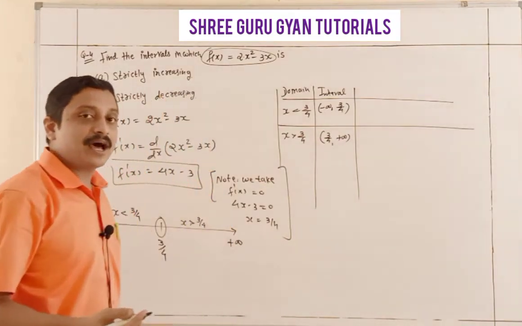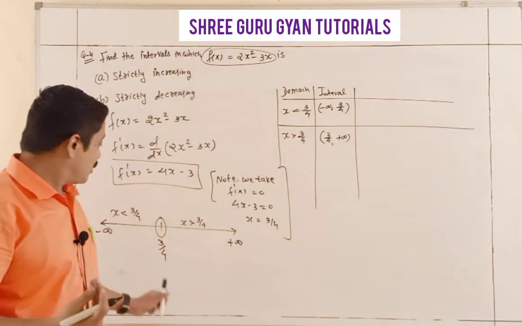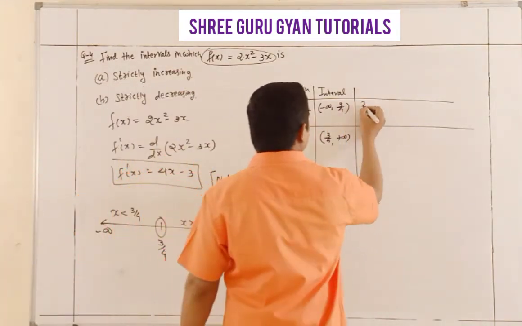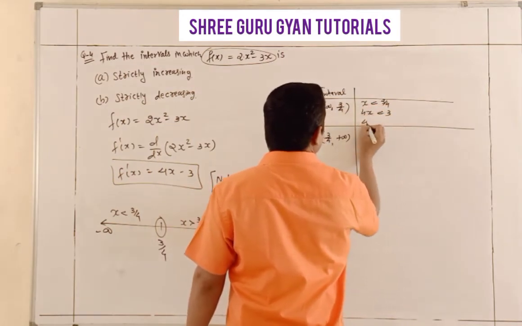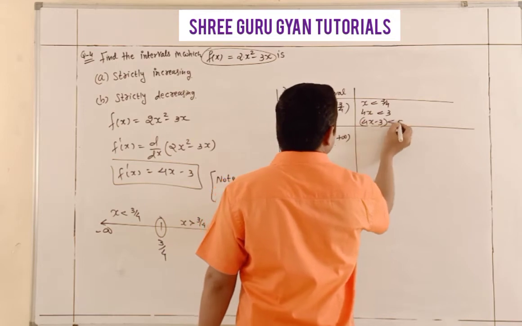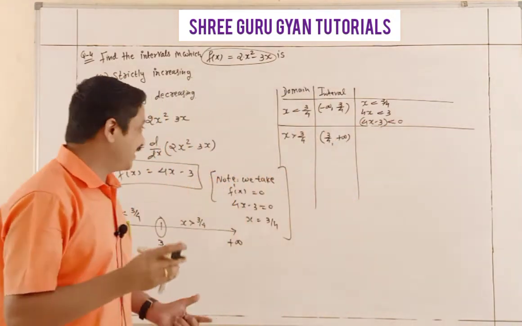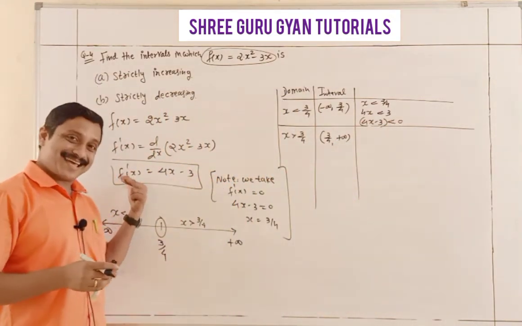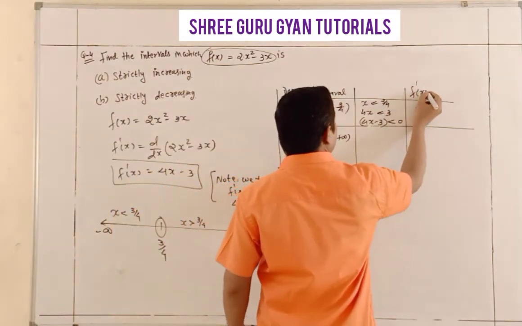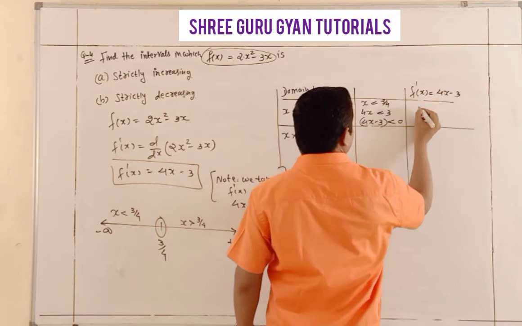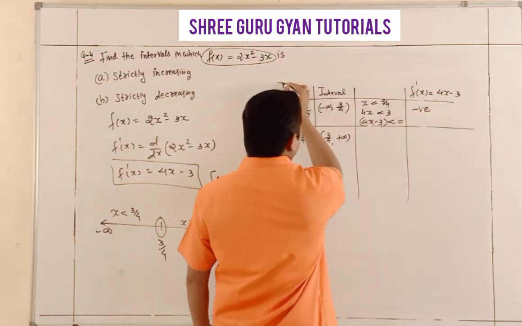And now time to check the value for x less than 3/4. So 4x is less than 3, so 4x − 3 is less than 0, and that is your f'(x). It means my f'(x) = 4x − 3 comes out negative here.